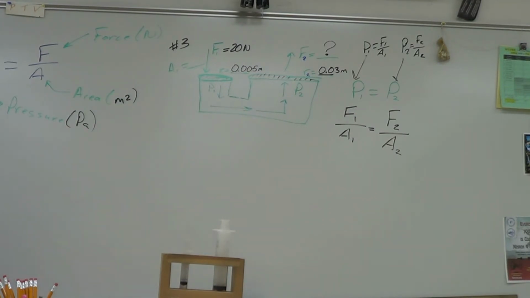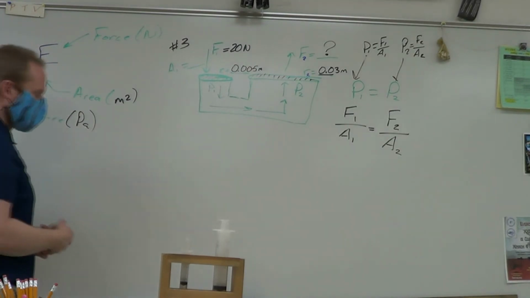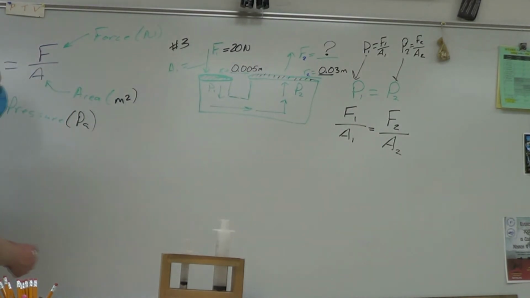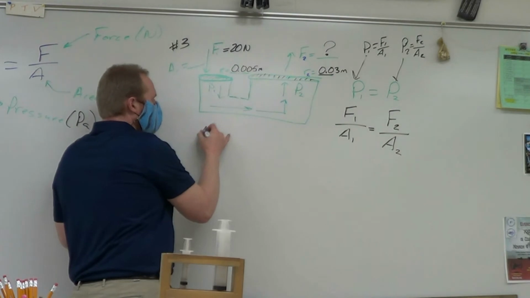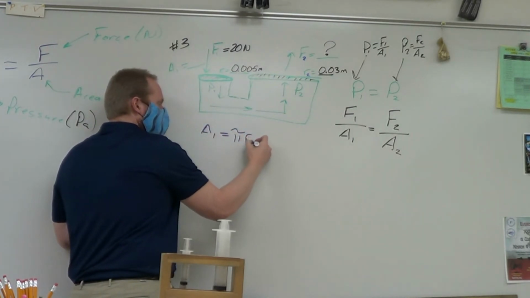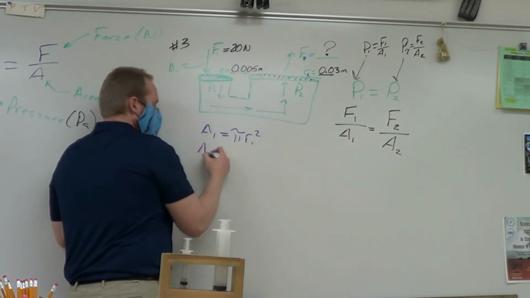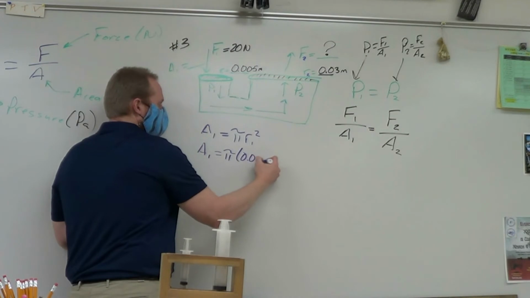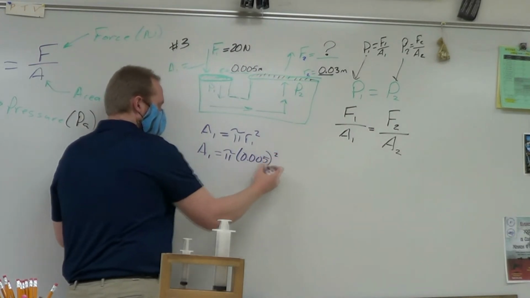Now we get some mechanical advantage with a hydraulic cylinder. If we apply a smaller force on a small cylinder and in return it pushes on a big cylinder, we're going to come out with some mechanical advantage. So area at location 1 is a cylinder, so it's pi times r1 squared. So my A1 is equal to pi times 0.005 squared.